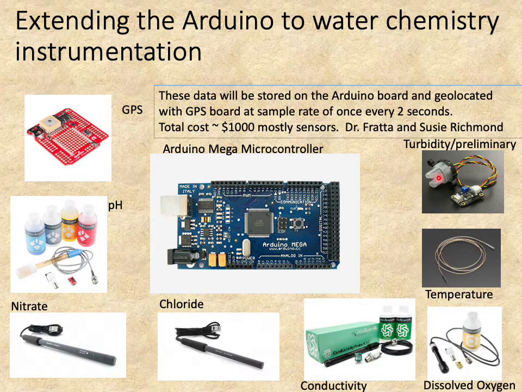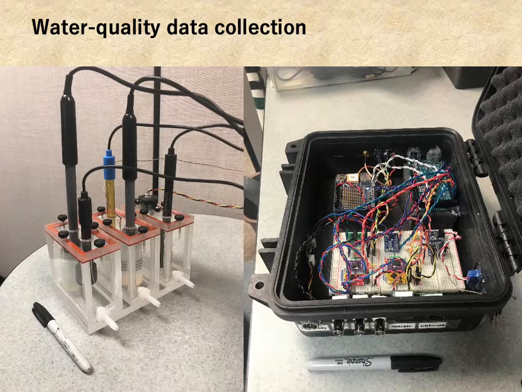If you Google Kevin Fermanak, you can see the work that he and his student did looking at turbidity in a stream following some storms. Really pretty nice work. But this is also an option to connect. Oh, and I should just say the cost for all of that was about $1,000.